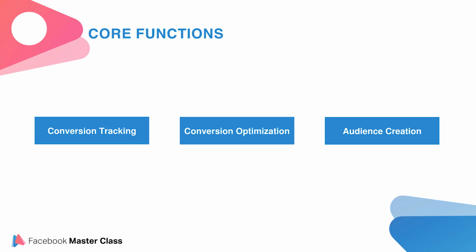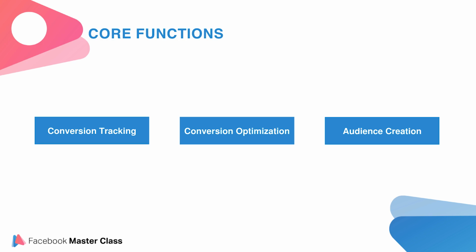Talking about the Pixel, there are essentially three core functions of the Pixel. Number one, it's conversion tracking. You can track things like leads or sales, and that helps you to determine whether your campaign is profitable or not. Then conversion optimization. You can optimize for a selected event inside a funnel. For example, you can optimize for the event add to cart or complete registration or purchase. And then you can create audiences by leveraging the data the Facebook Pixel aggregated.